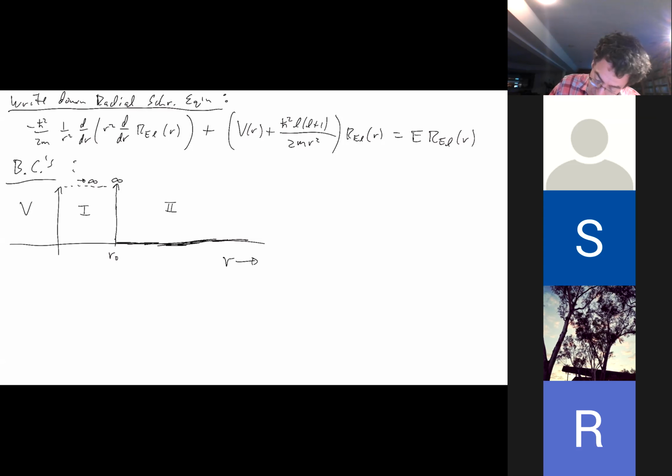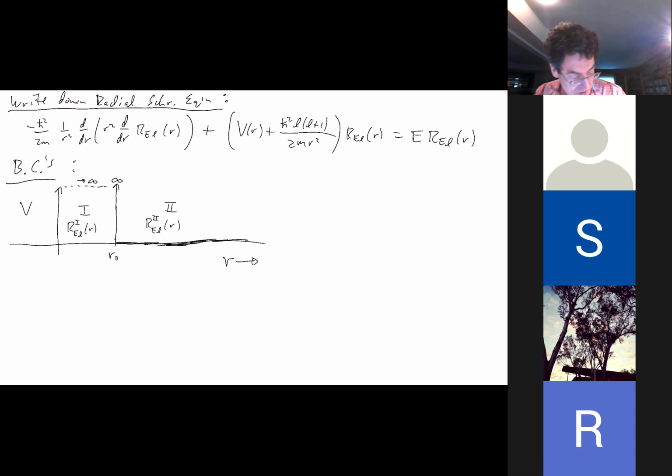I'm going to have my wave function in region 1. Actually, I'll call it my radial wave function since that's what we're solving for. R_El in region 1 of r, and R_El in region 2 of r.